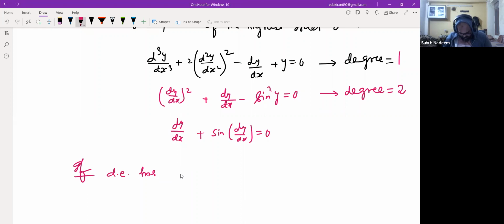Polynomial equation in derivatives. This is an important thing.